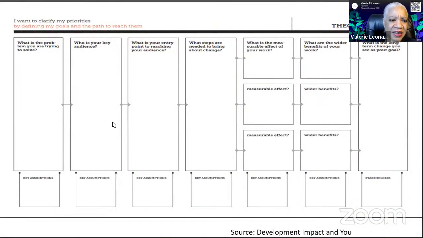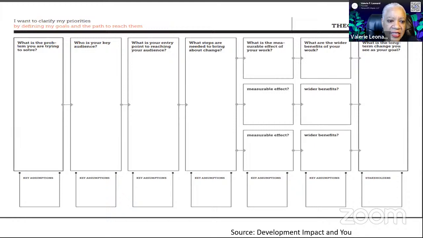And here is a really good worksheet that they have put together to help you really think through the process. If you're a member of the Nonprofit Utopia community, you will find a link to resources that you can download. This is one of the resources, and it also comes with detailed instructions.